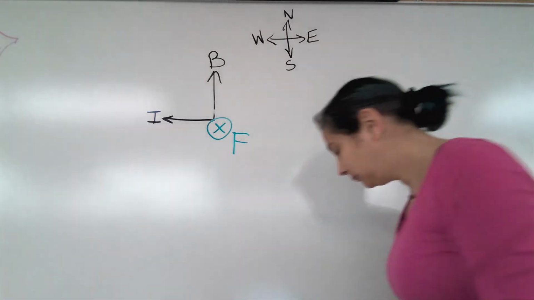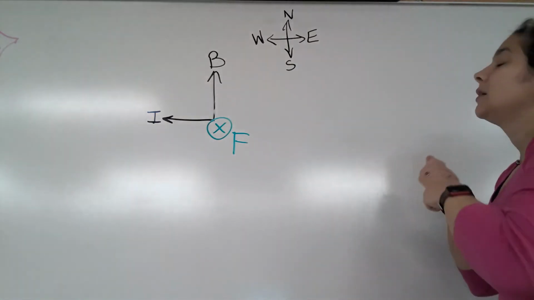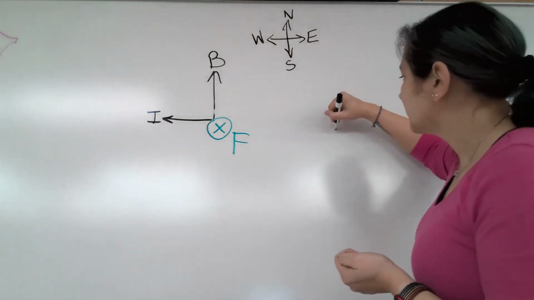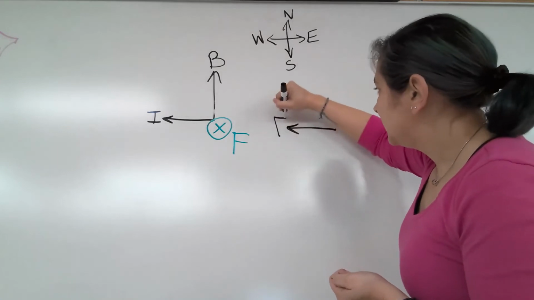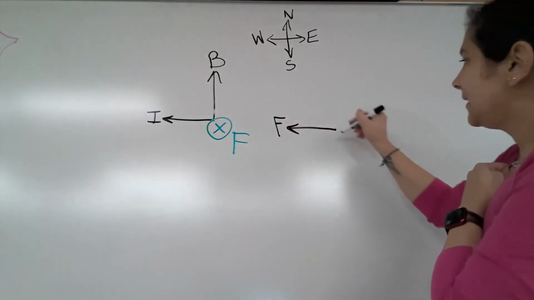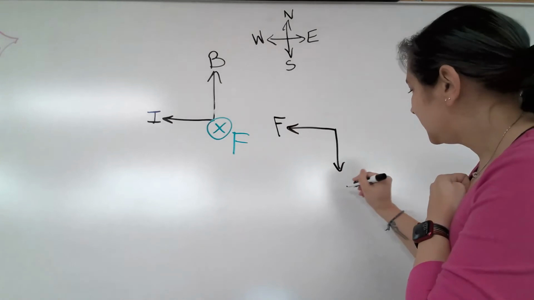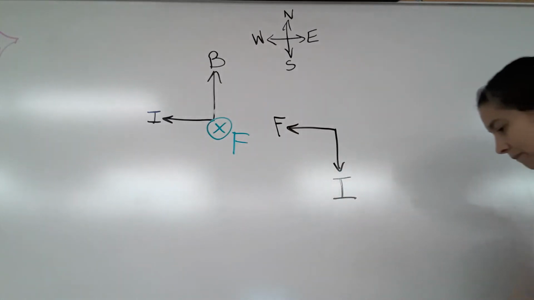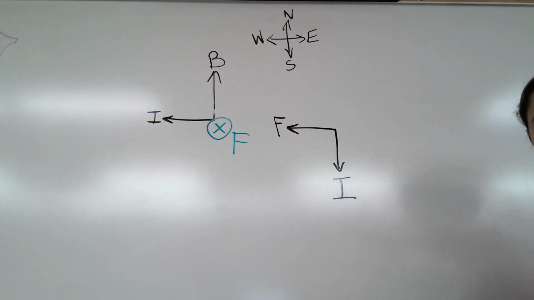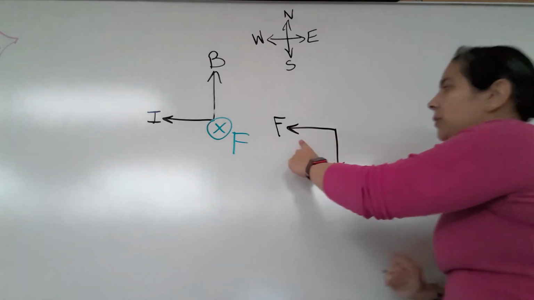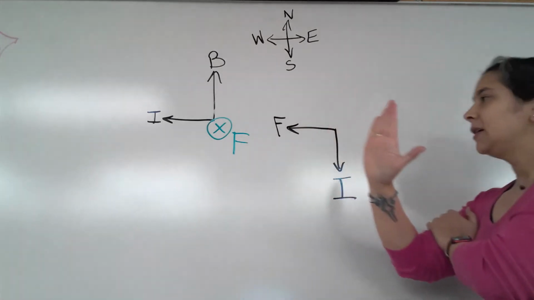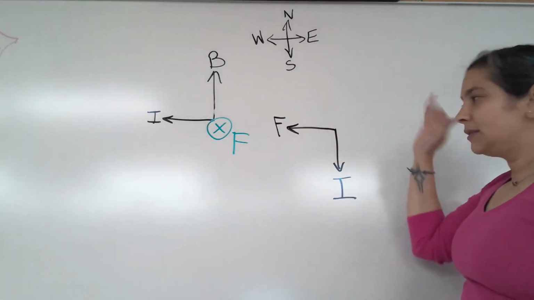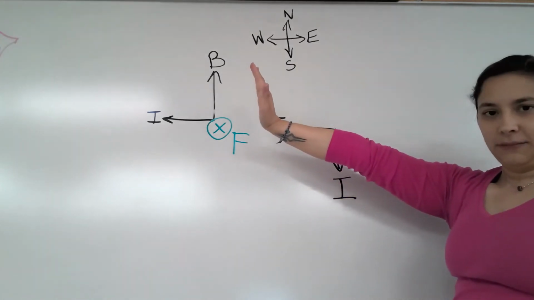Let's do another one. Okay. What if I give you the force? How about this is force and this is current, and I want to know what direction is the magnetic field going. All right, well, force, right-hand rule, force, I need to slap this way, right? High five.